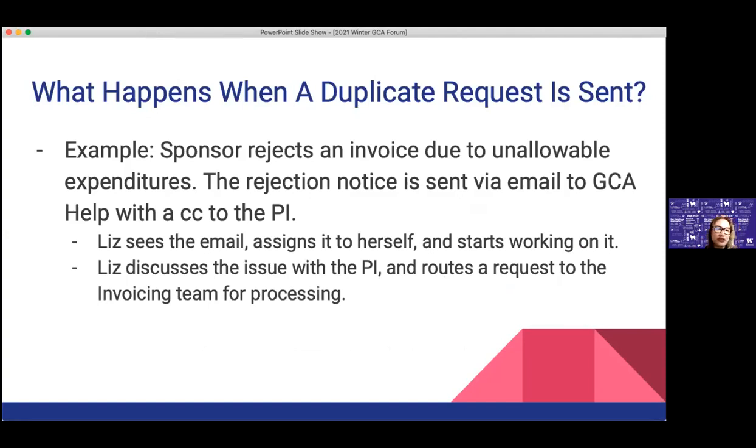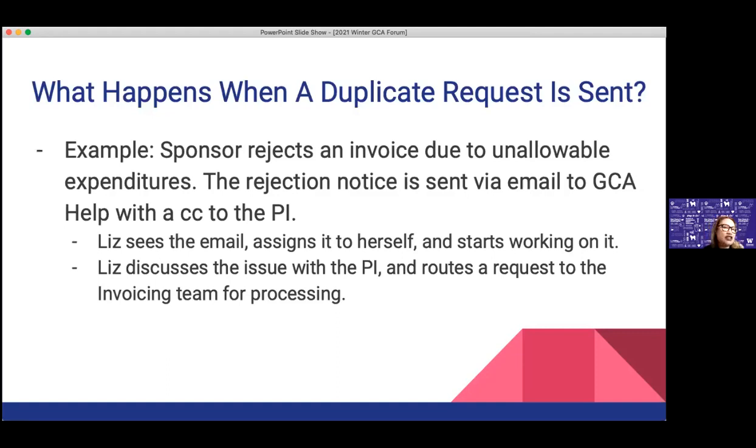This rejection notice is sent to GCA help because that's what's on the invoice to send inquiries to. The sponsor will also probably add the contact for the award, most likely the PI. So that email goes to GCA help.